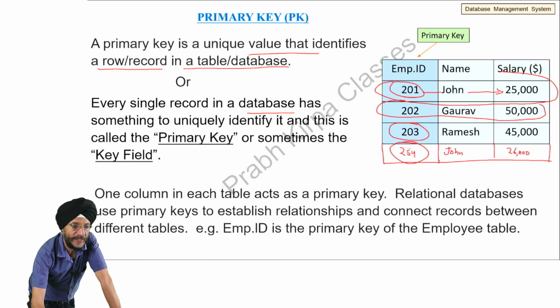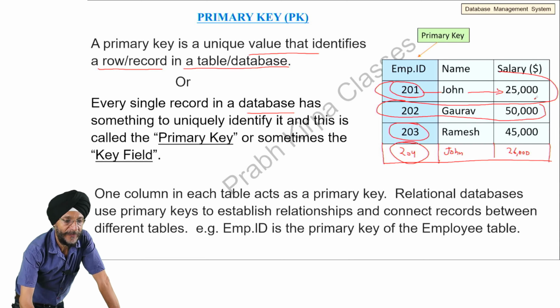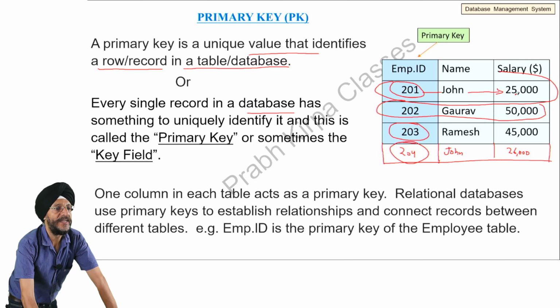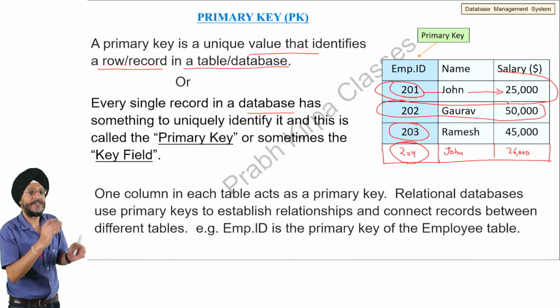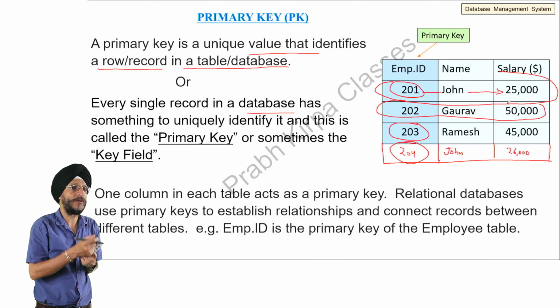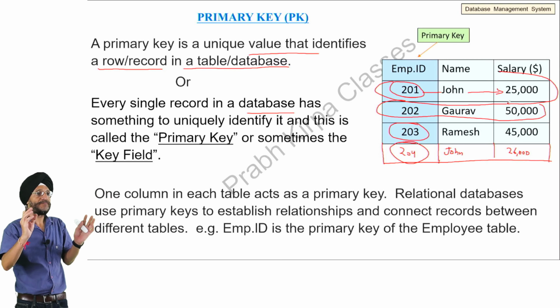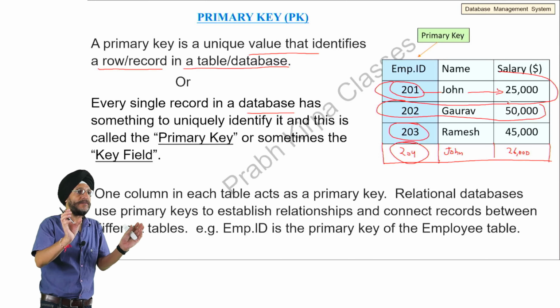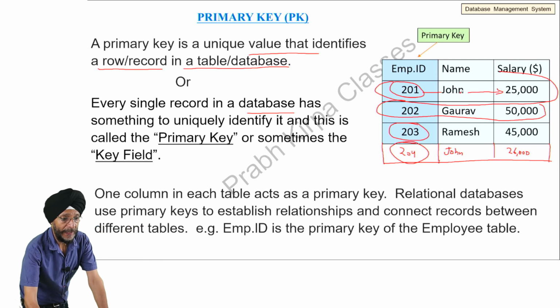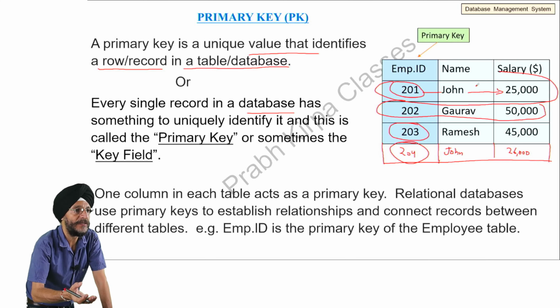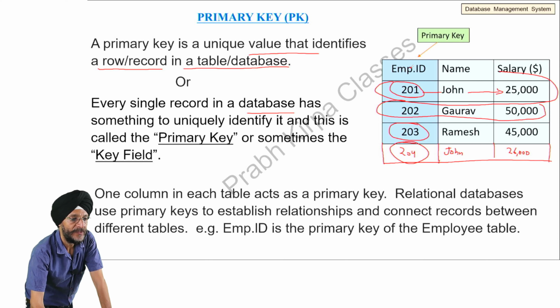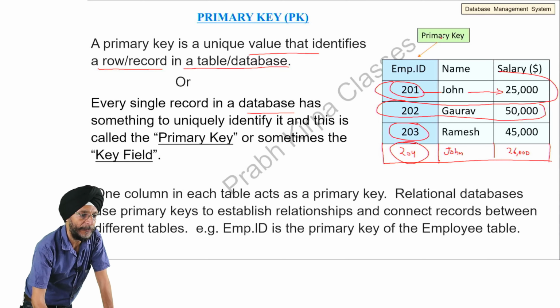On the basis of that we can recognize, because many employees may be having a salary of say 25,000, some may be having a similar salary of 40,000. So these are not unique values. Names may also be similar, salary may be similar. So here in this case, employee ID serves the purpose of primary key.